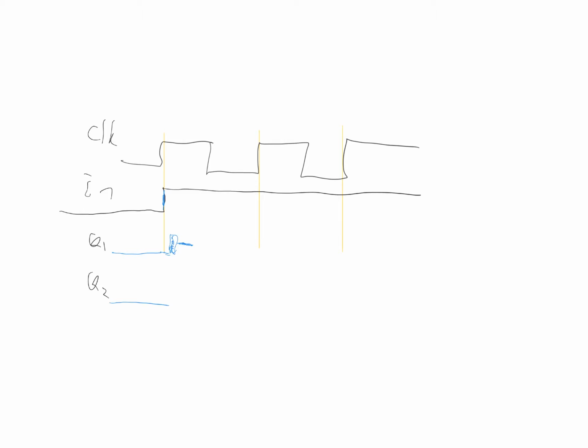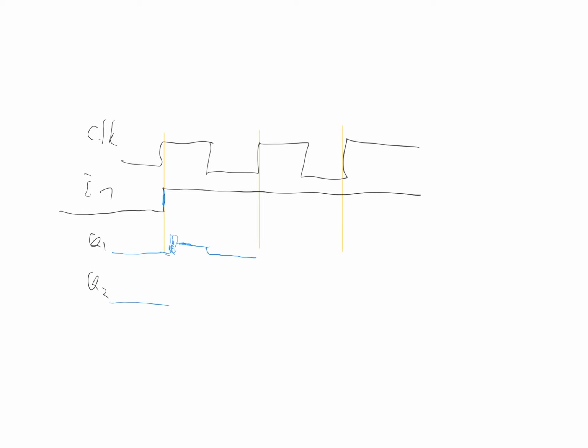Remember, imagine someone inside this flip-flop tossing a coin, and when this coin comes up heads, the flip-flop is going to exit from its metastable state. Now, it might exit to a 1 or it might exit to a 0. Let's assume here that it exits to a 0. So it's going to look like this.